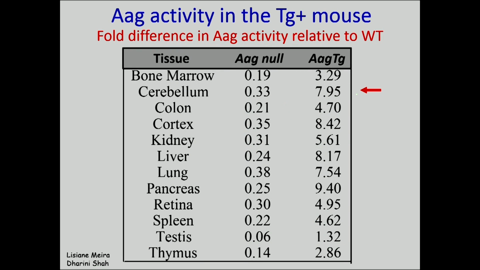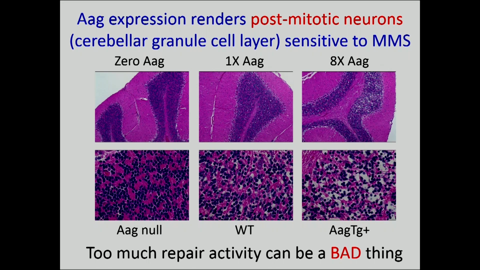In the transgenic mouse we have about an 8-fold increase in the cerebellum for the Aag glycosylase, and these are animals all treated with the same dose of alkylating agent, MMS. If you have no ability to initiate base excision repair, it's as if the damage hasn't been administered.